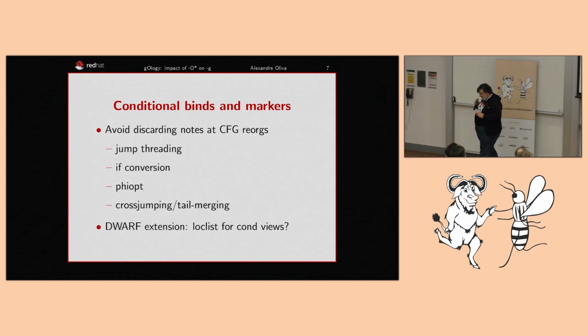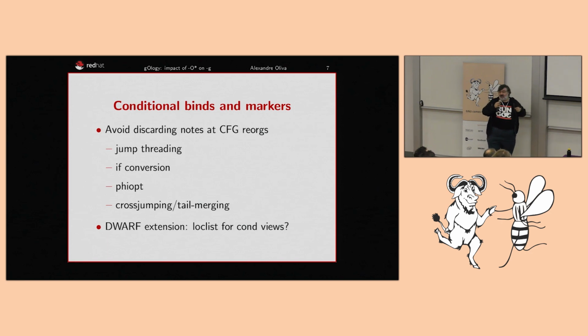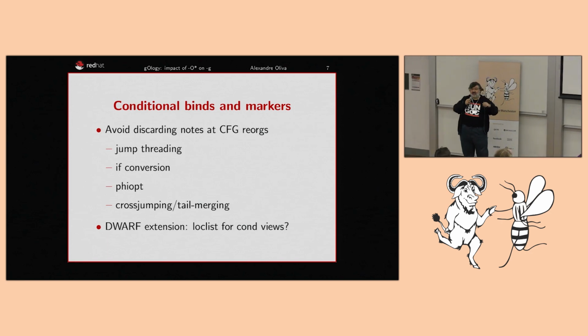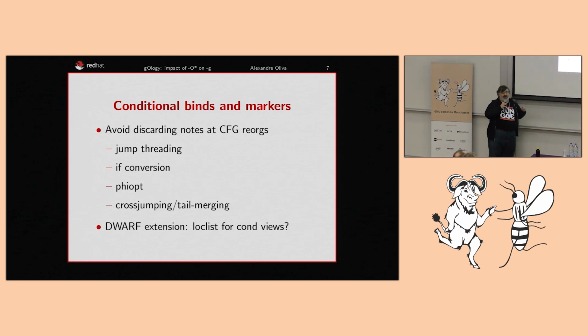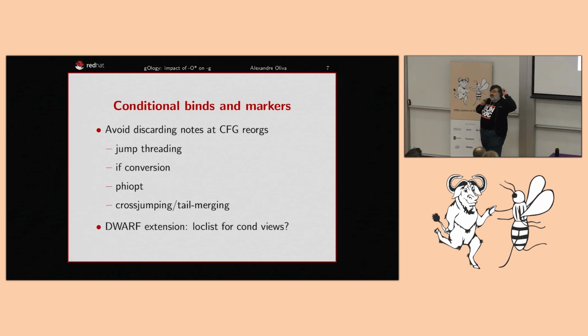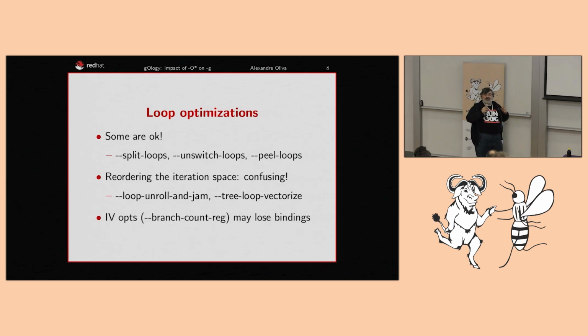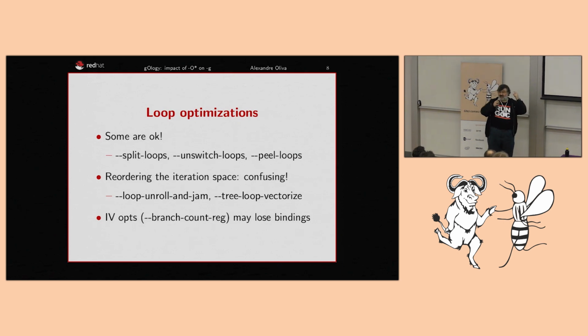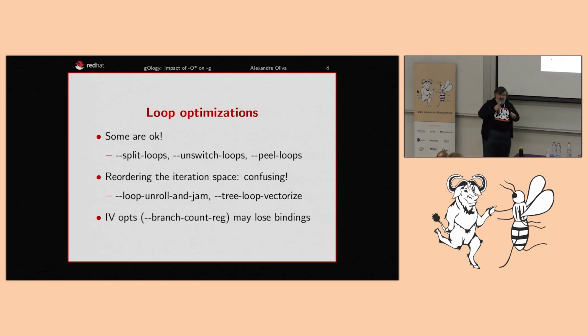There's this other crazy idea that I had the other day, several years ago actually. There are a number of passes that reorganize the control flow graph, and some optimizations that do that too, in a way, and they actually drop markers and binds if they're in otherwise empty blocks, because the blocks seem to be empty, and so could, in theory, just be removed. In several cases, we actually just remove that, and then we discard a lot of information. Turns out that we could preserve that in some cases already.